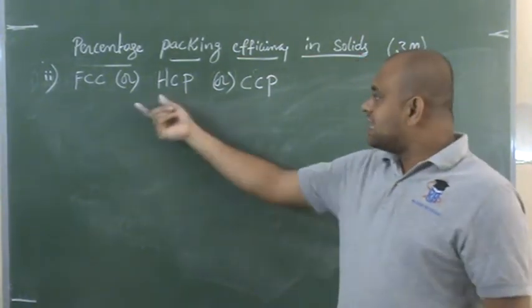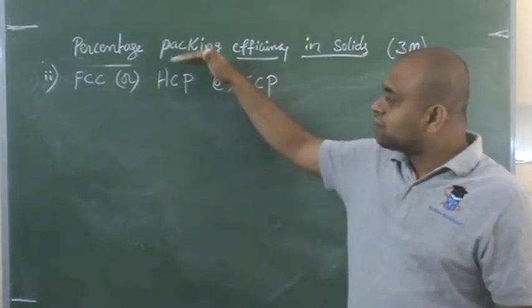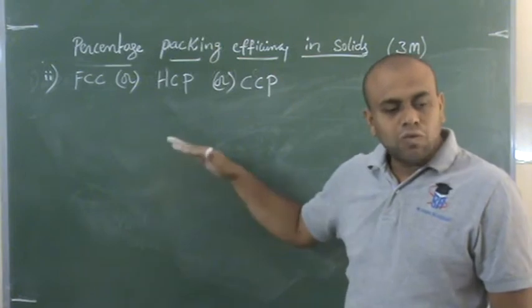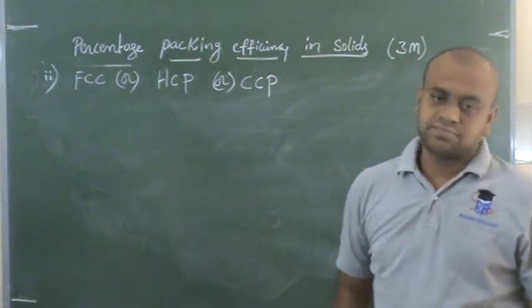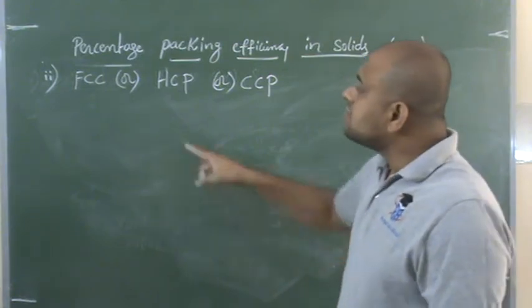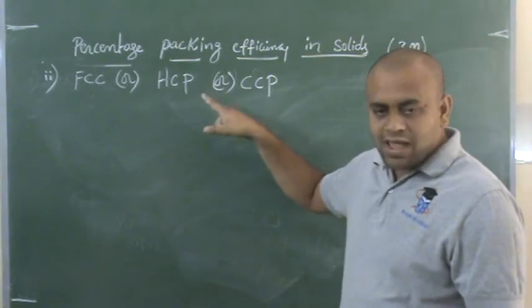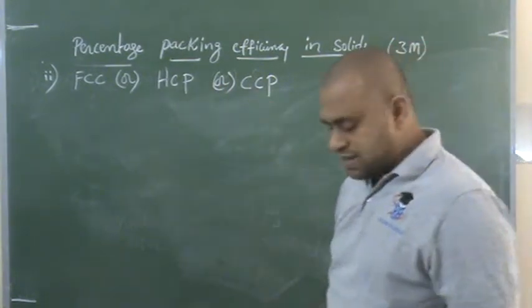If any one of these 3 appears in your examination, you have to write the same derivation that I am going to do now. So now I am going to calculate the packing efficiency in FCC or HCP or CCP.